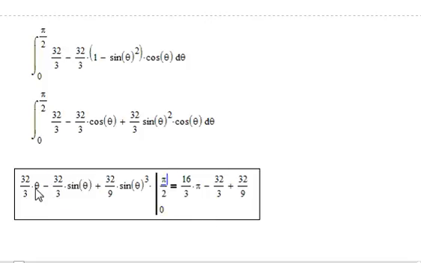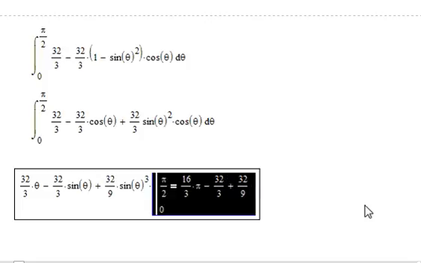If we put in 0, everything here is 0, so that's nice. When we put in pi over 2, we get 32/6, call it 16/3 pi. We get 32/3 times 1 plus 32/9 times 1 cubed, which is still 1. So we got 16 pi over 3 minus 32/3 plus 32/9.